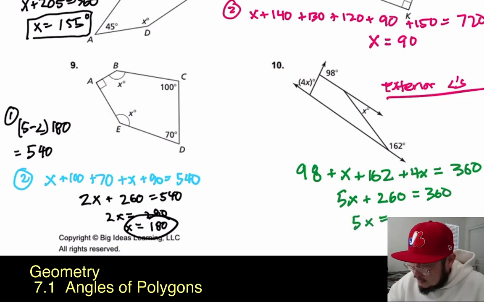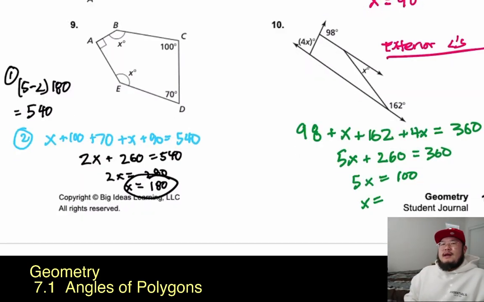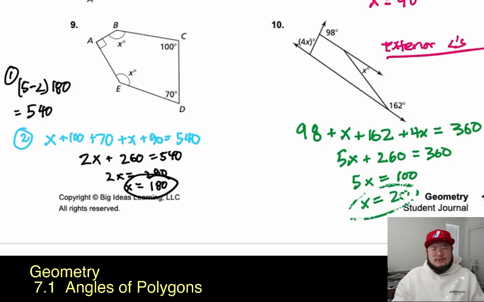And divide both sides by 5, and x is equal to 20. And there you go. We have now concluded chapter 7.1. Now you know the angles of polygons inside and out.